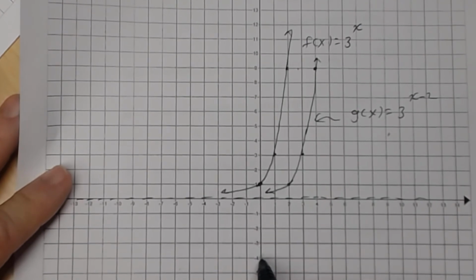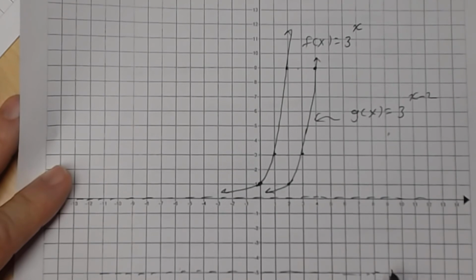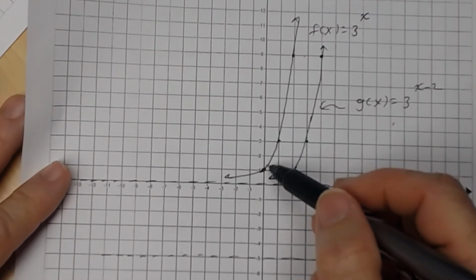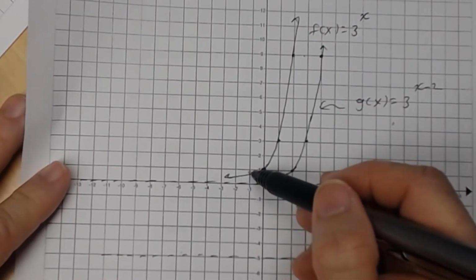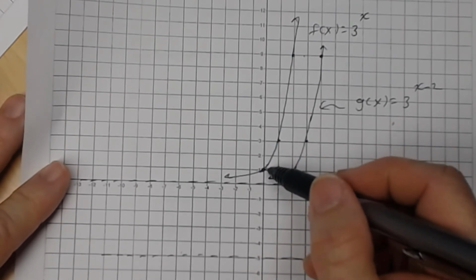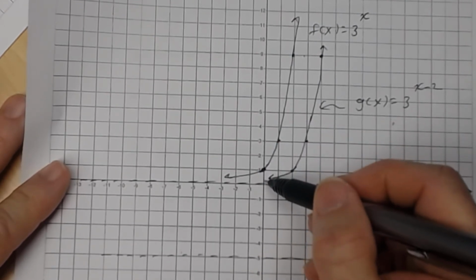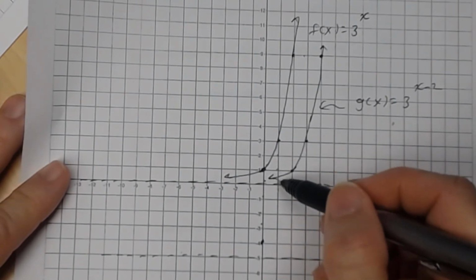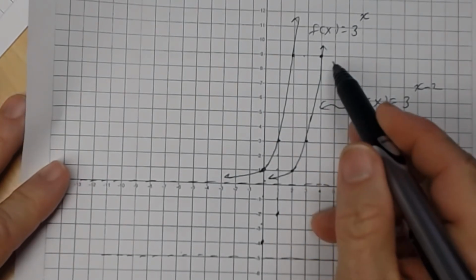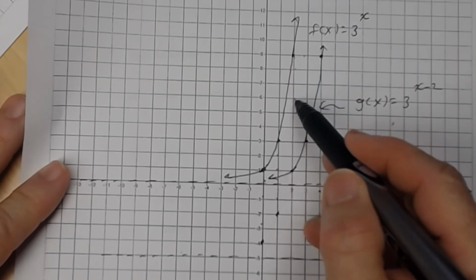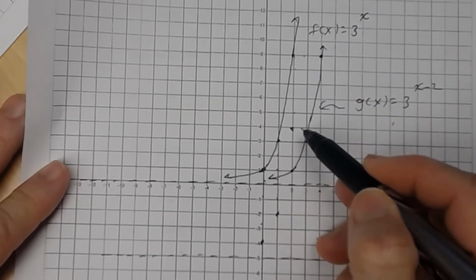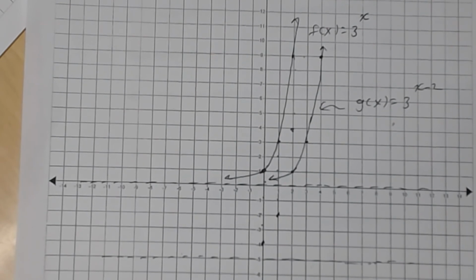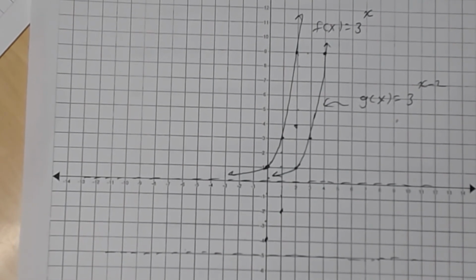So 1, 2, 3, 4, 5. Here's my horizontal asymptote. Then take these 3 points and move them down 5 units. Every point in this graph is moved down 5 units. So you know 3 of them, move them: 1, 2, 3, 4, 5. I'm going to use a different color because I have too many graphs on here, so let's use red.